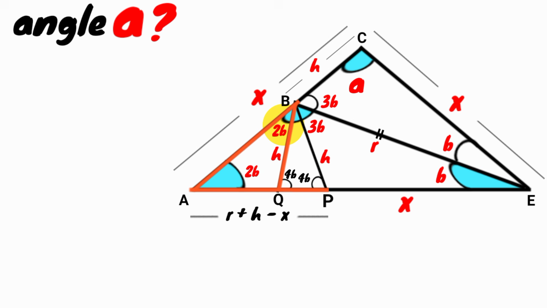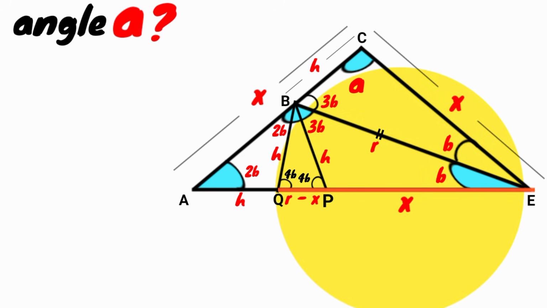Now we see this angle and this are congruent, and that implies that this triangle is an isosceles triangle. So this side and this are also equal. Therefore, this is also H in length. Recall, this segment AP, its length is R plus H minus x. So since this part is H, this must be R minus x.